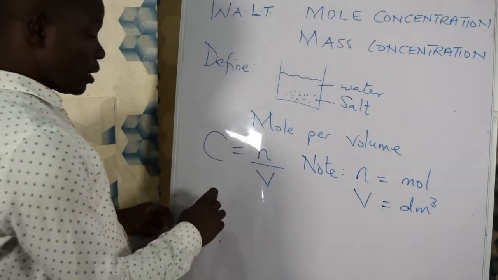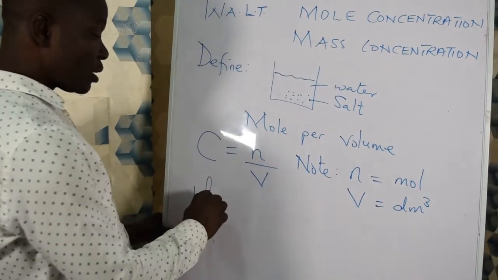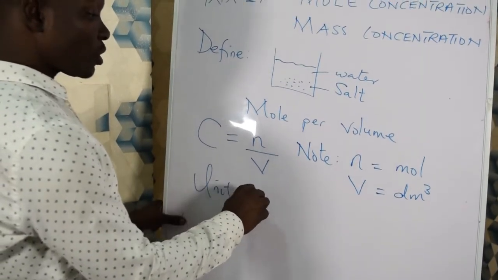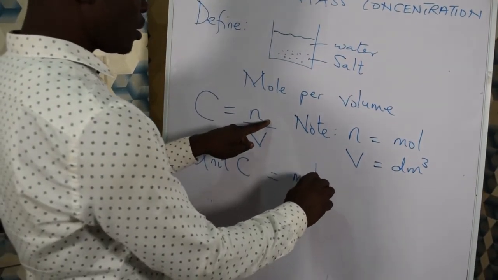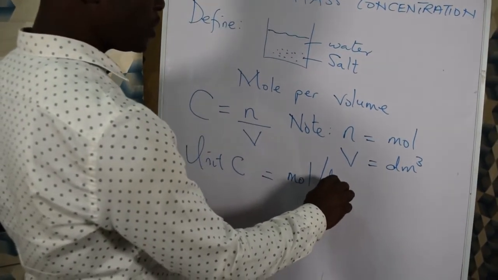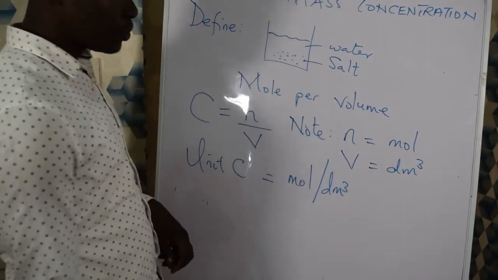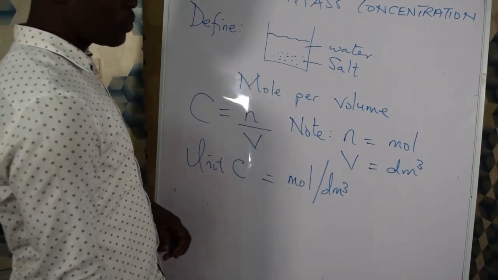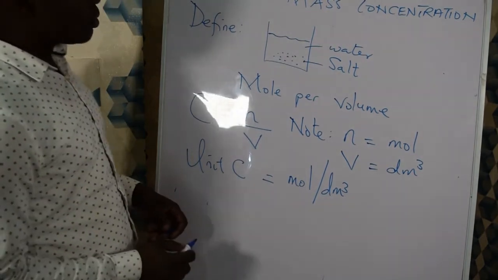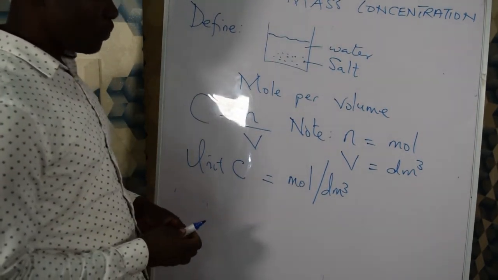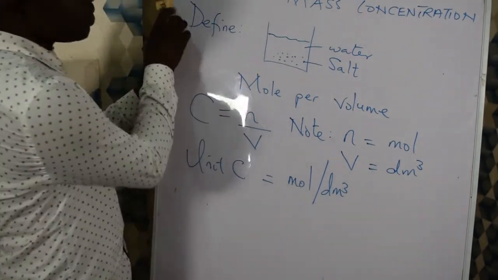So the unit for concentration is mole per dm cube. So this is quite easy and on point. Can we try one and see?